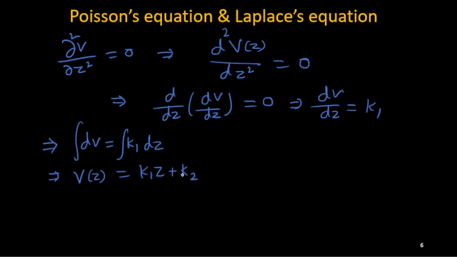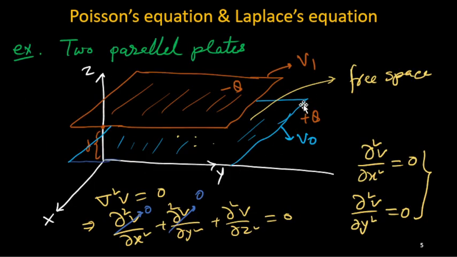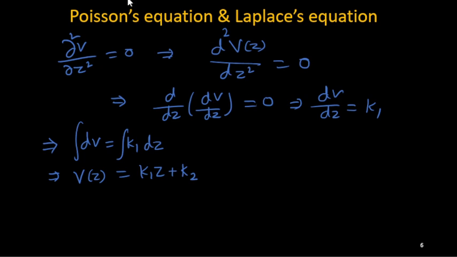Now we can apply boundary conditions. The lower plate, can you see? This lower plate is having potential V0, and the upper plate, separated by distance d, is having potential V1. So we can say that at the lower plate, z equals to 0, V equals to V0.